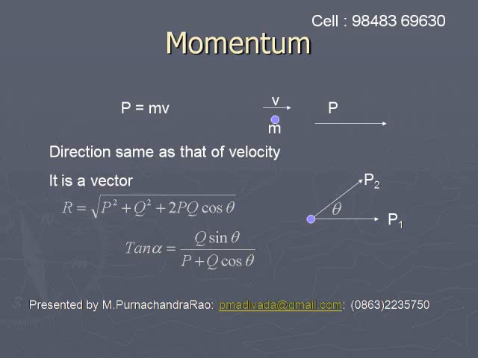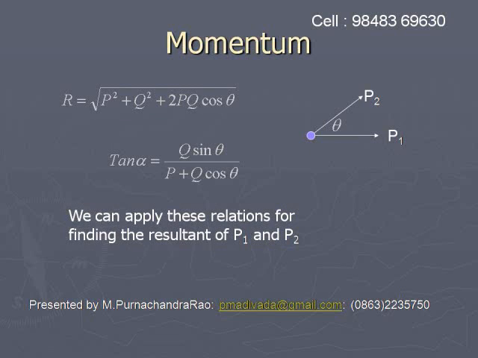And the direction of this resultant with P is given by alpha, where tan alpha is equal to Q sin theta divided by P plus Q cos theta. We can apply these two relations to find the resultant of P1 and P2.